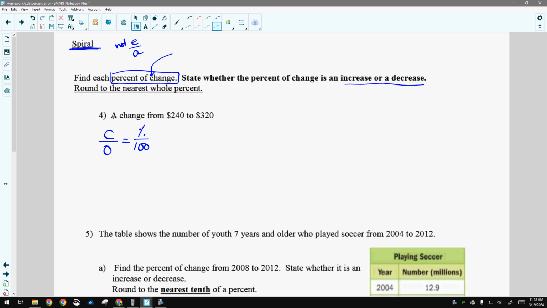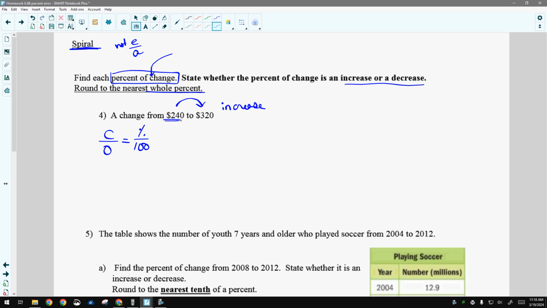A change from 240 to 320. Are we going up or down here? So when we answer our final answer, it's going to be an increase, and we're going to round to the nearest whole.